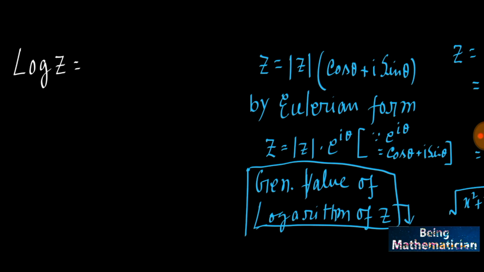So log z must be log of mod z into e to the power i into (2n pi plus theta).